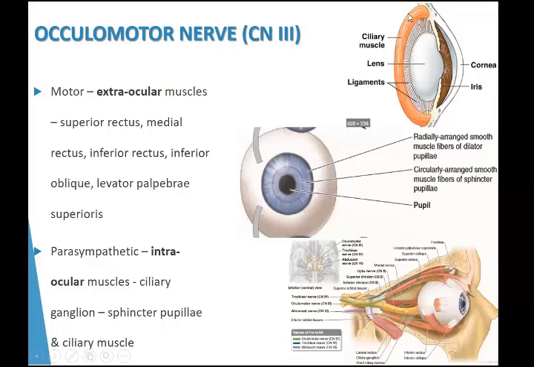So it supplies the ciliary muscle and the circularly arranged sphincter pupillae that controls the diameter of the pupil. It also supplies the ciliaris muscle, the muscle of the ciliary body. So of the intraocular muscles it supplies two muscles, the sphincter pupillae and the ciliaris muscle.